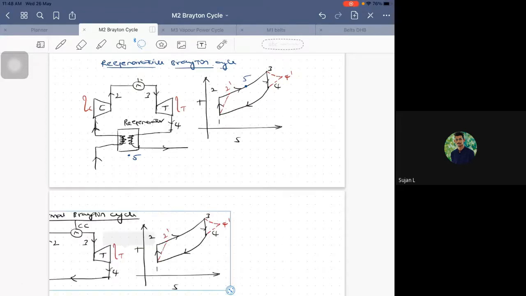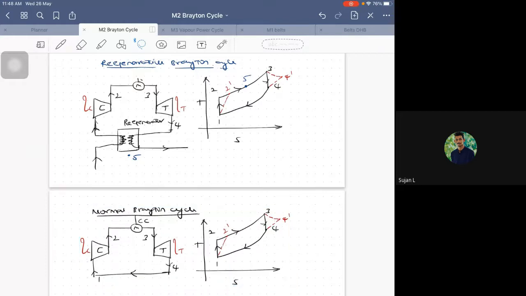Now what happens in case of intercooling? Now it is intercooling, gas turbine with intercooler, I will write. So Brayton cycle with intercooler.